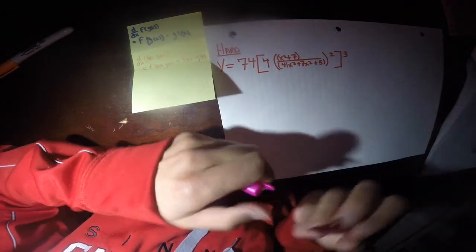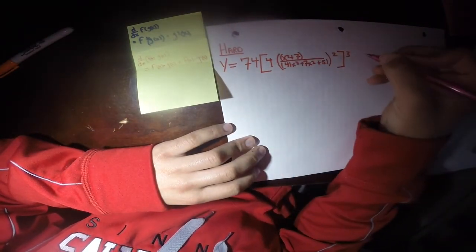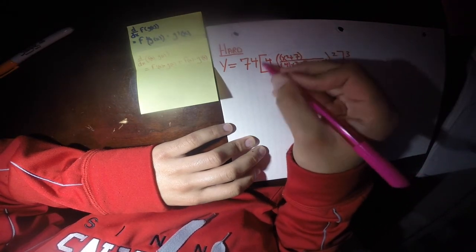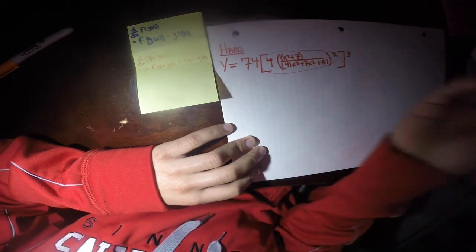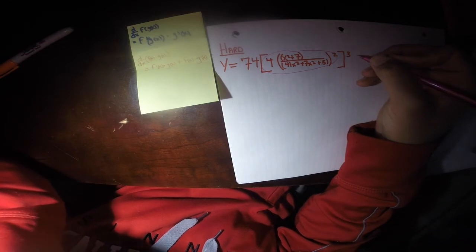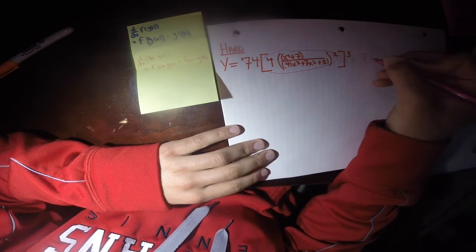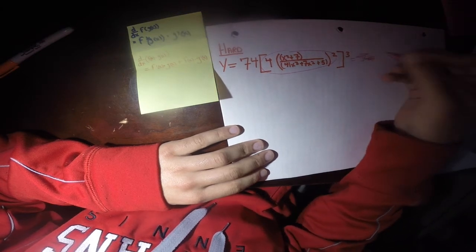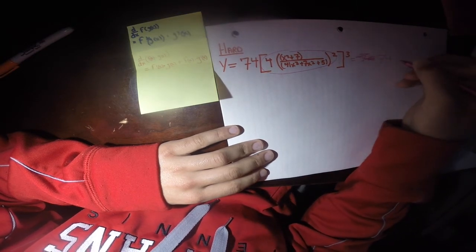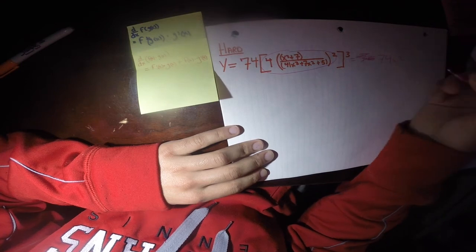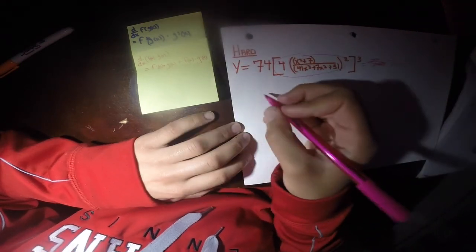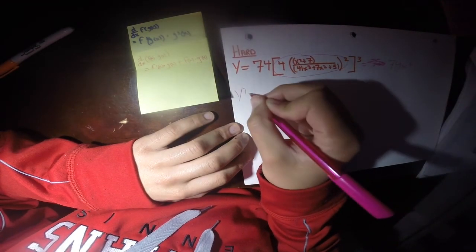So here I'll show you step by step to make more sense. Now let's make this whole thing right here, let's make that w. So we got 74w to the power of 3. Okay? Now let's do the derivative.